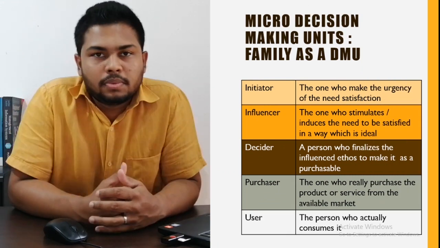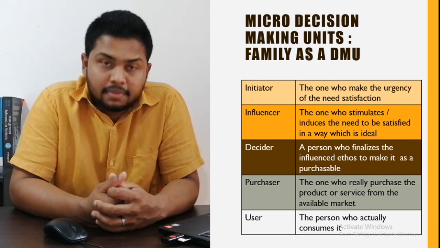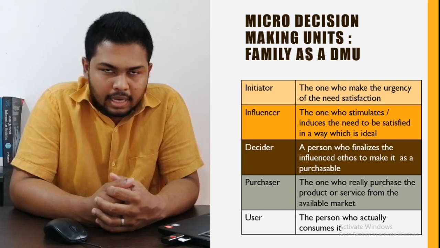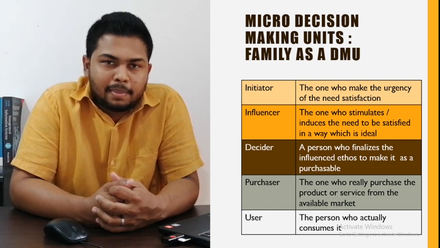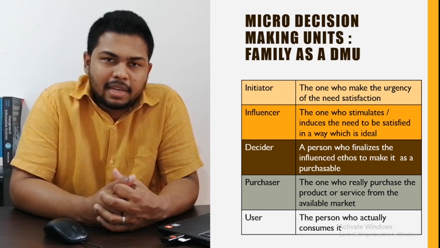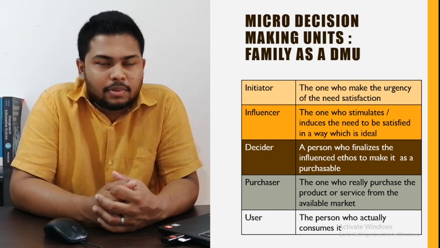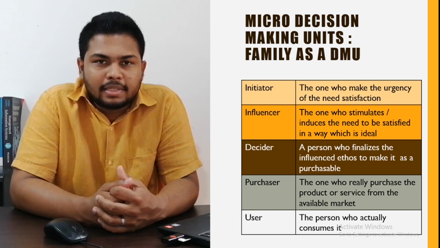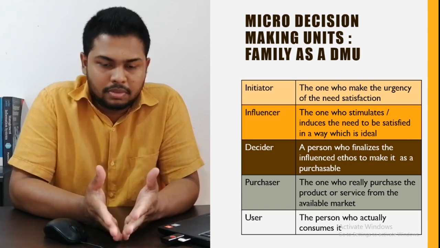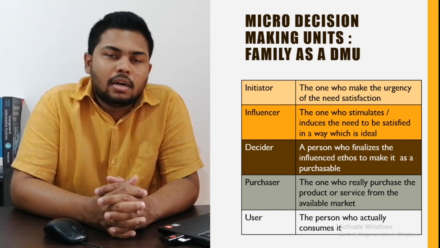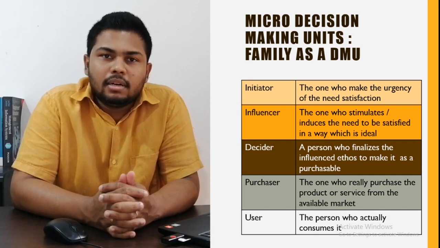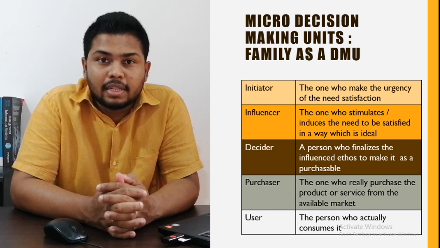Then I told you, finally, whatever we have said and done, we still have a family. Ultimately, we must consider family decision making. Family decision making, in the sense that there are so many influential factors. Now let's say in your college times, or probably in your undergrad times, if you wanted to buy something expensive, since you didn't have a source of income of your own, you would ask family members, let's say the father and mother.